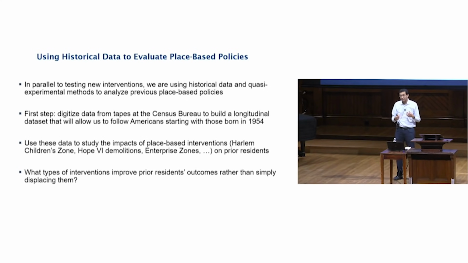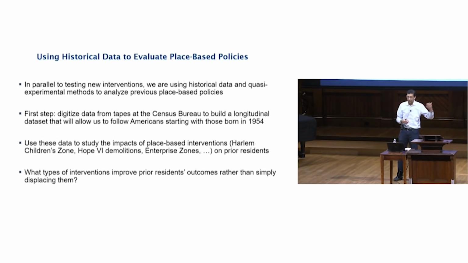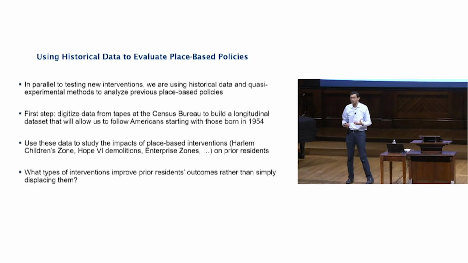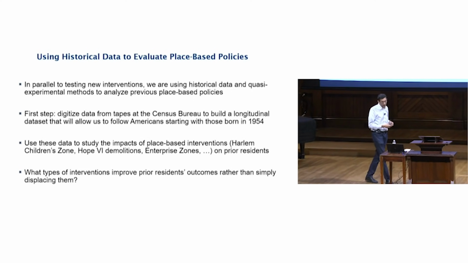And so using that data, you can then study the impacts of numerous things that people have done, like the Harlem Children's Zone, what are called Hope 6 demolitions, where HUD invested a tremendous amount of money to demolish a bunch of public housing projects and build better mixed income housing. Enterprise zones, which are tax credits given for certain places to try to develop them, so forth and so on.